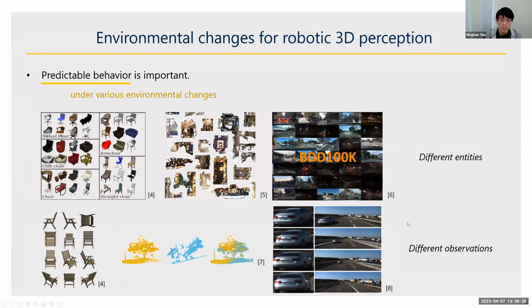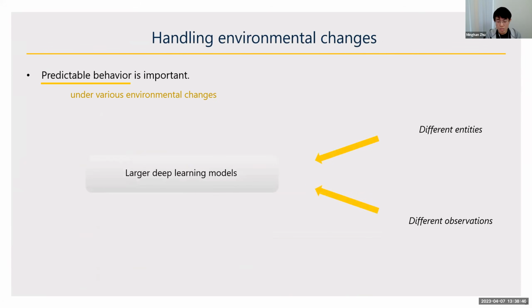So how do we deal with all these environmental changes? Today, most models deal with them in the same way. We just use large enough deep learning models and design them in a very good way. And then we deal with all the different entities and different observations in the same way. We just use a model to recognize each of them.